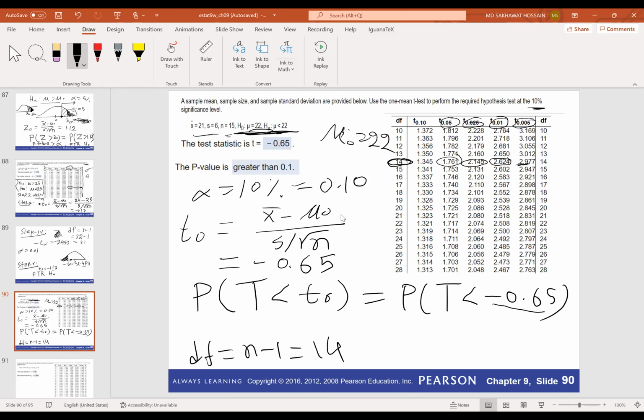It will be 0.05. And for this one, it will be 0.10. Now you can see when t is decreasing, the p-value is increasing, right? Probability is increasing: 0.005, 0.01, 0.025, 0.05, 0.10.